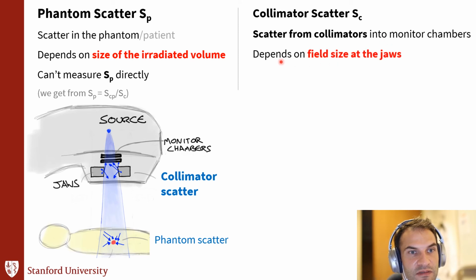It depends on the field size at the jaws, not so much the field size on the patient. So if you have some tertiary collimation, such as an MLC, it's mainly dependent on the field size at the jaw.